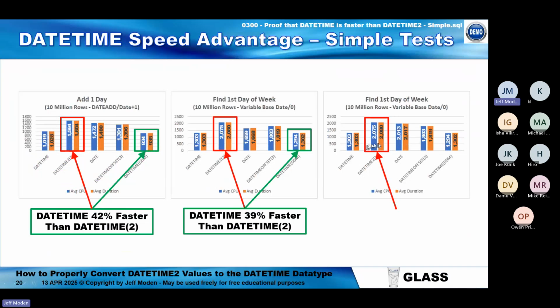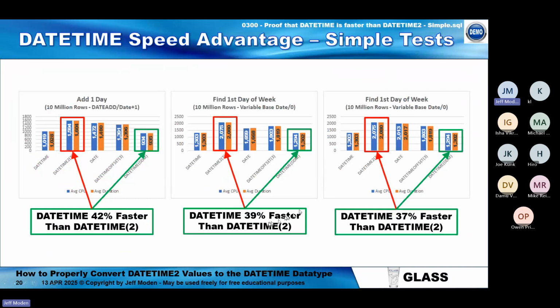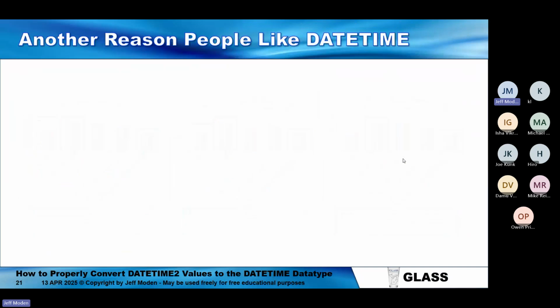And I did something wrong here. I copied a wrong graphic here. It was substantially faster, but it did turn out to be about 37% faster. I've got to correct that graphic.